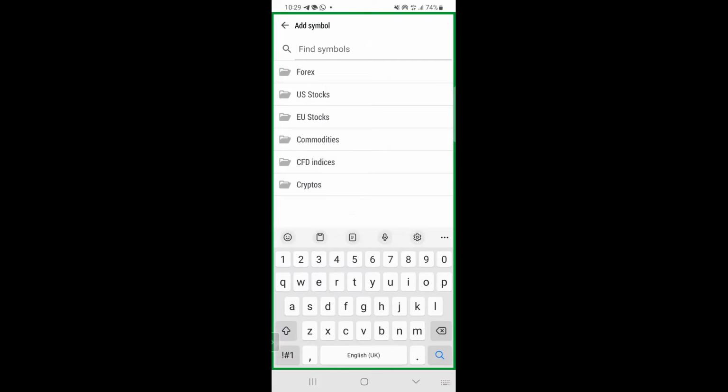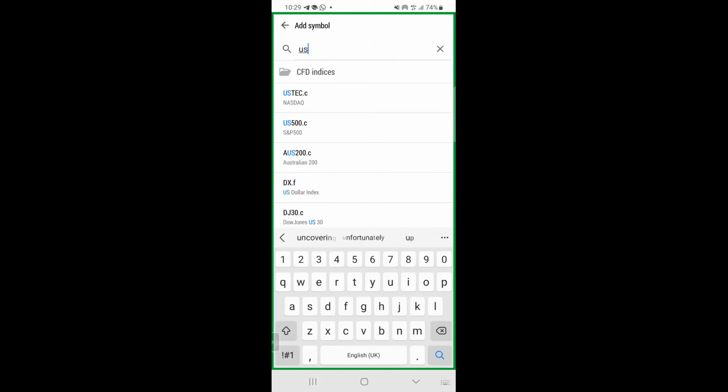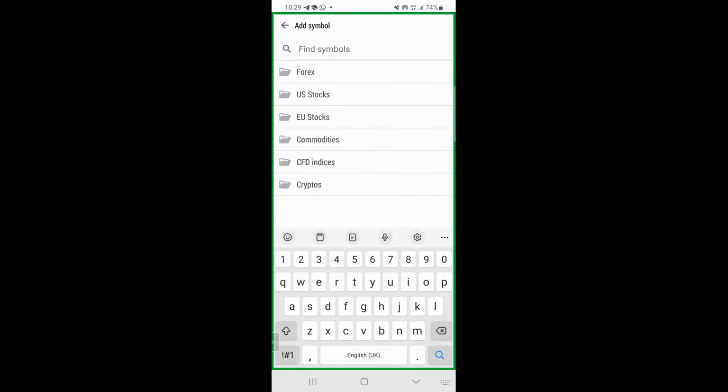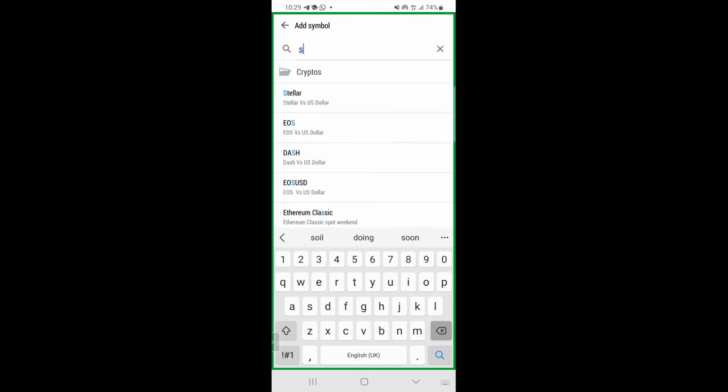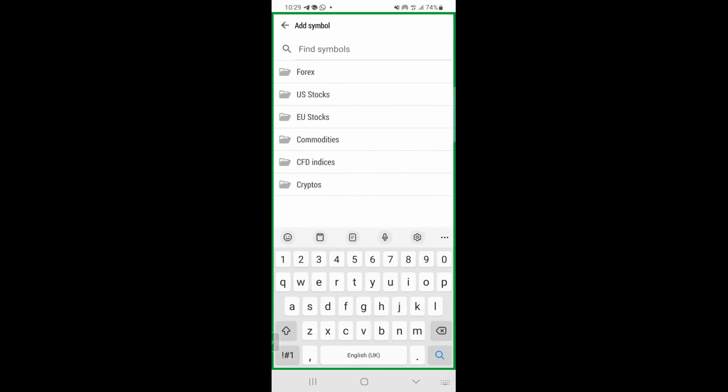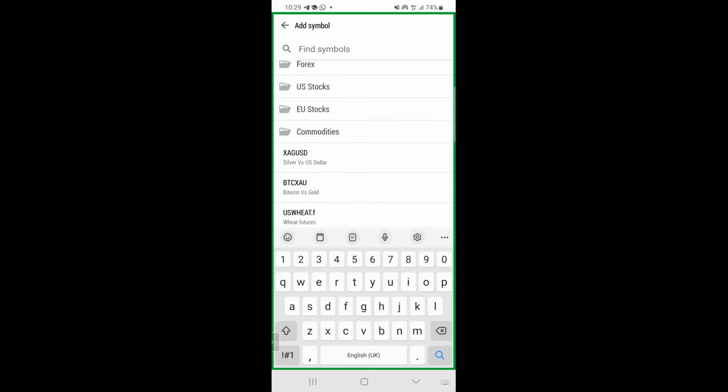You type US or S or whatever. You type crude because it's already added. That's why you are not seeing my own. So once you type it, you're going to see something like this where it's S oil. It's already been added. That's why you cannot see it.